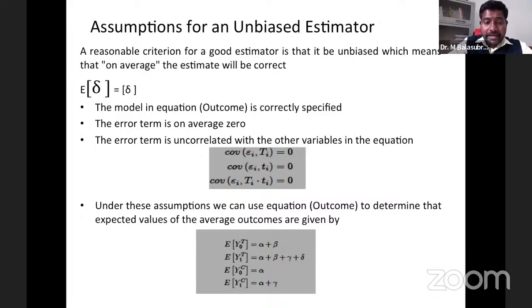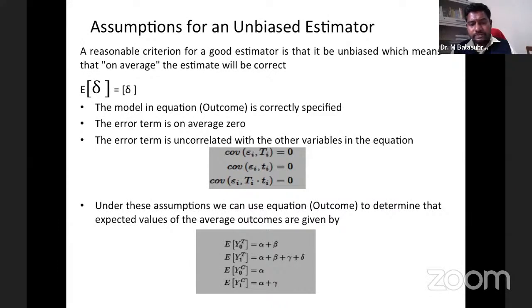And the expected value of y0c, this is our basic counterfactual. Taking the error term as 0, it gives only the alpha. That is only the alpha value, right?